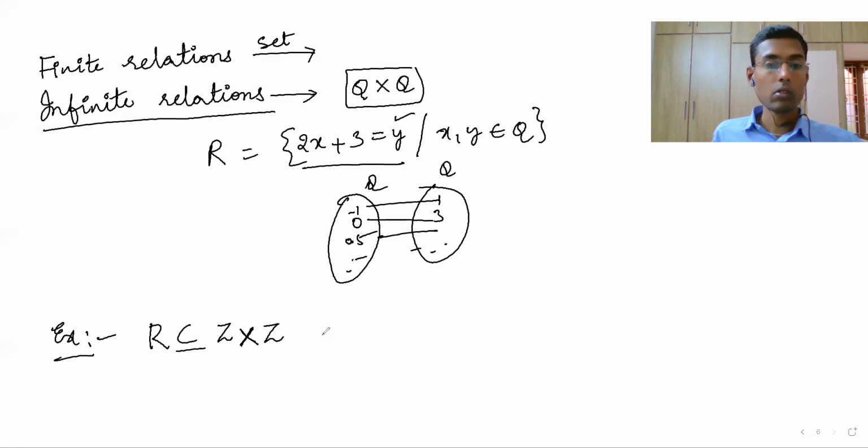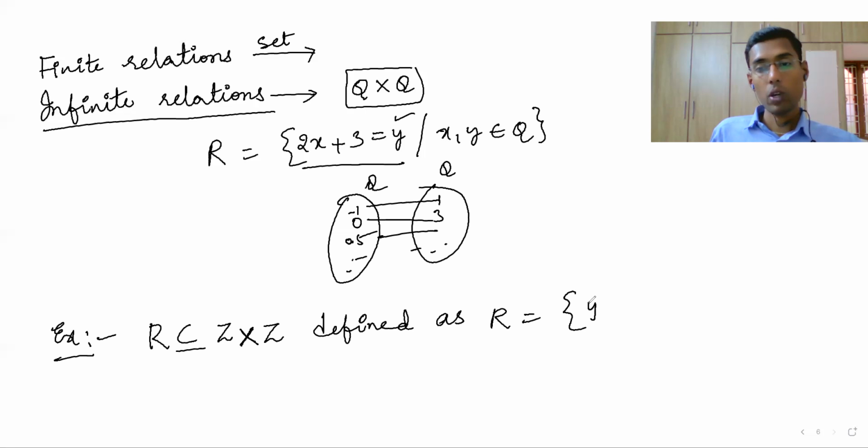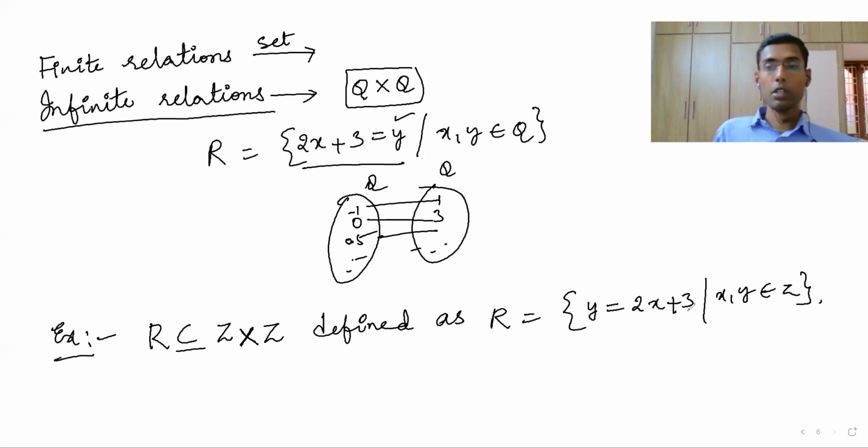Okay, R is a relation from Z to Z defined as R equal to y equal to 2x plus 3, where x comma y belongs to Z. So this relation we need to check.